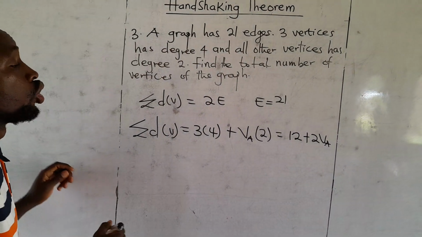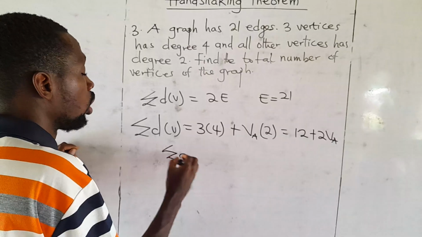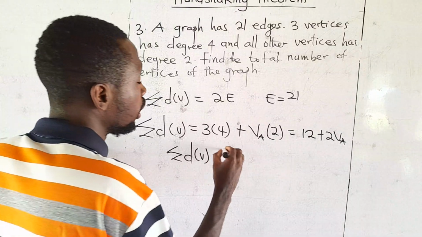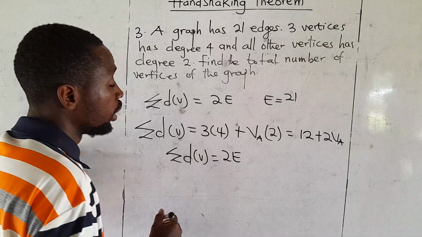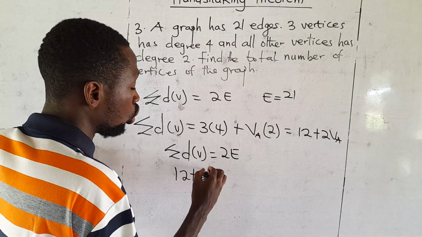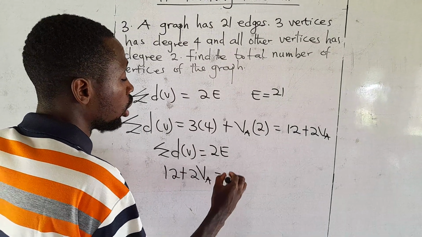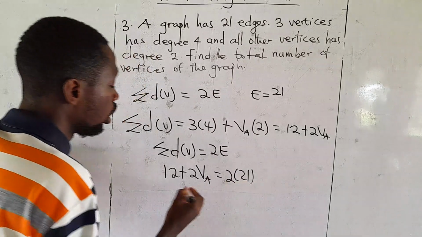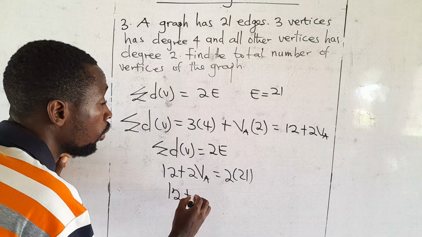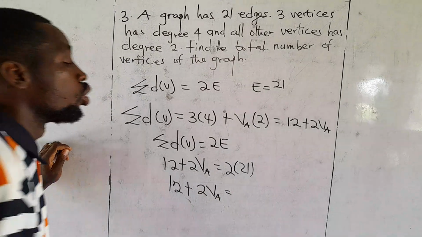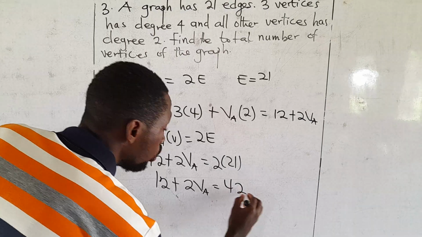From the handshaking theorem, we know that the total degree of all the vertices is twice the number of edges. So 12 plus 2v subscript a is equal to twice the number of edges, which is 21. So 12 plus 2v subscript a will be equal to 42.